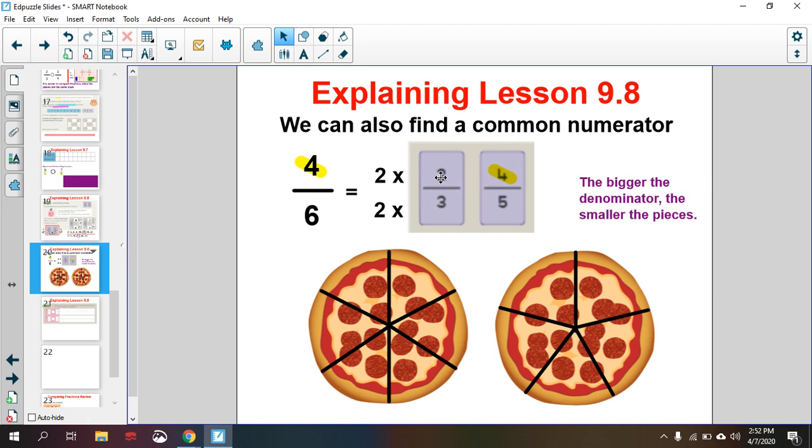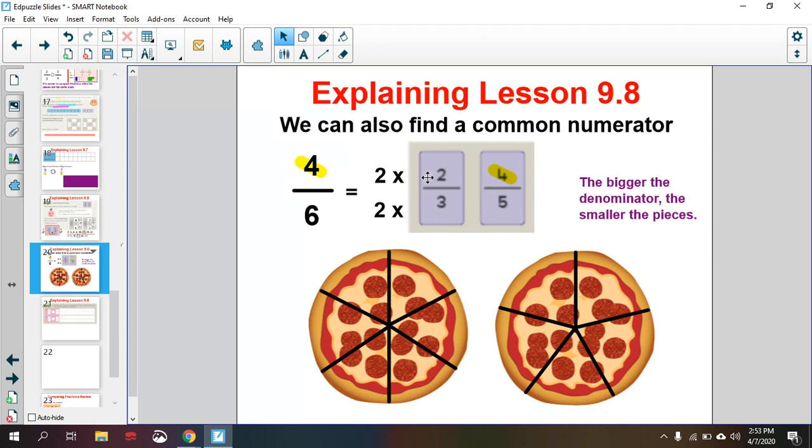No, we were able to get one of them to match the other one by doing 2 times 2. That made the numerator on this first fraction now a 4, didn't it? And now you can see how those two fractions have the same numerator. So that tells us if you have the same numerator, we have the same number of pieces colored in.